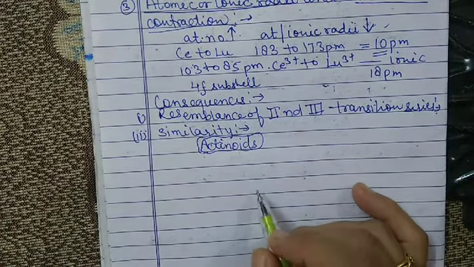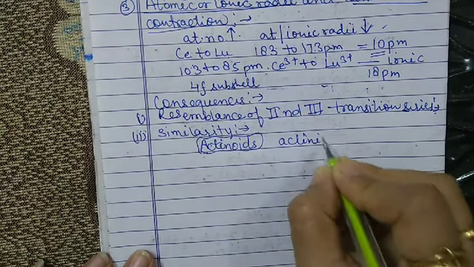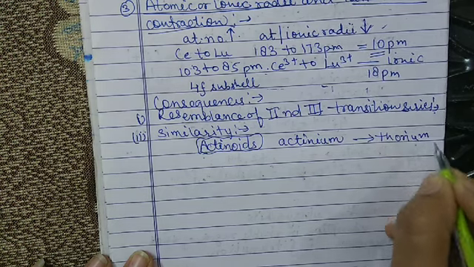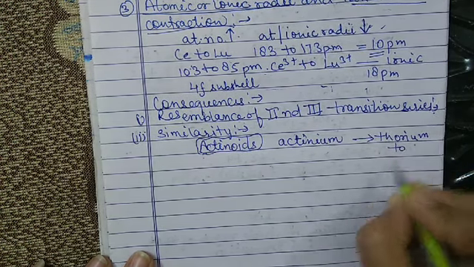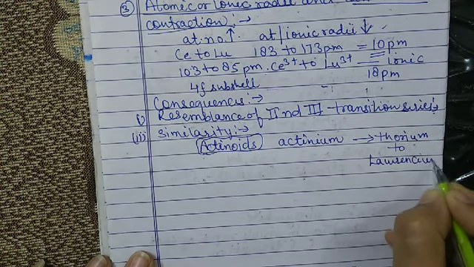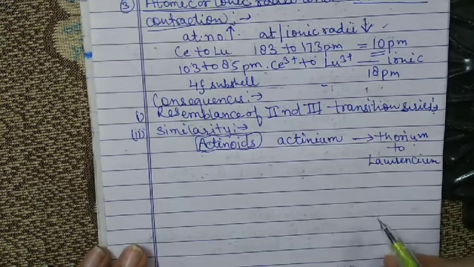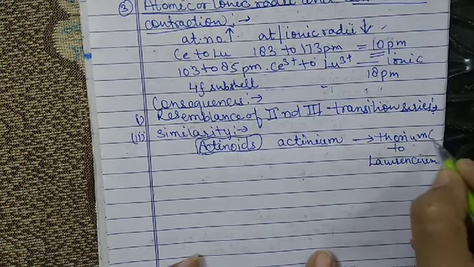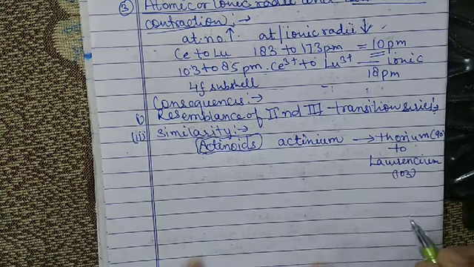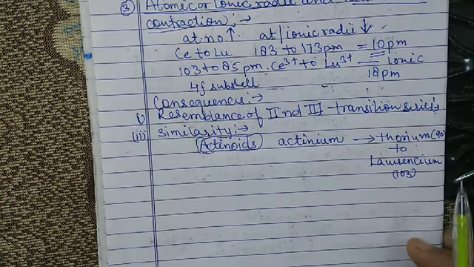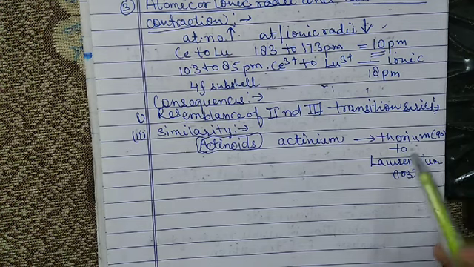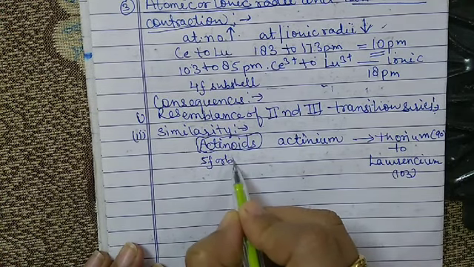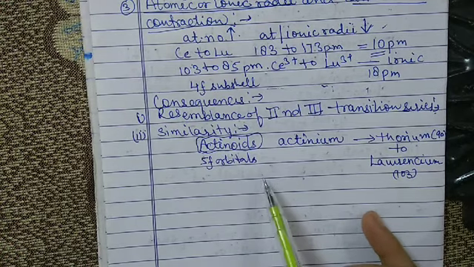The 14 elements which follow actinium, from thorium, atomic number 90, to lawrencium, atomic number 103, in the periodic table are called actinoids, and these are analogous to the lanthanoids and involve the filling of the 5f orbitals.